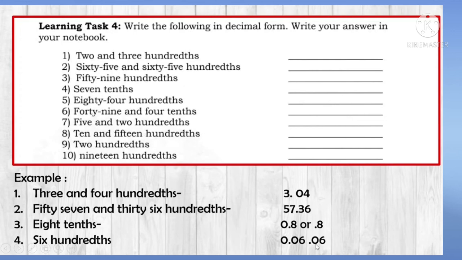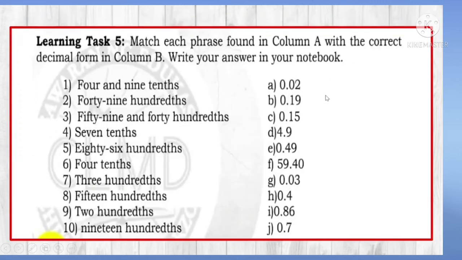Be careful sa mga spelling. Iba ang hundreds sa hundredths. Yung may TH, after ng decimal. Yung walang TH, yun yung whole number or before the decimal. So ganito po ang inyong isasagot dito sa Learning Task 4.